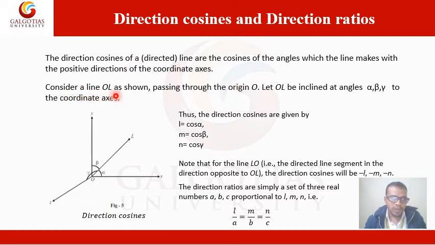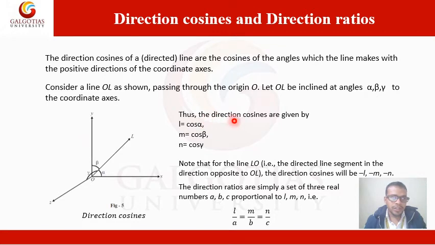Consider a line OL, this is your O and this is your L, making an angle alpha with the x-axis, beta with the y-axis and gamma with the z-axis, as shown in the figure.